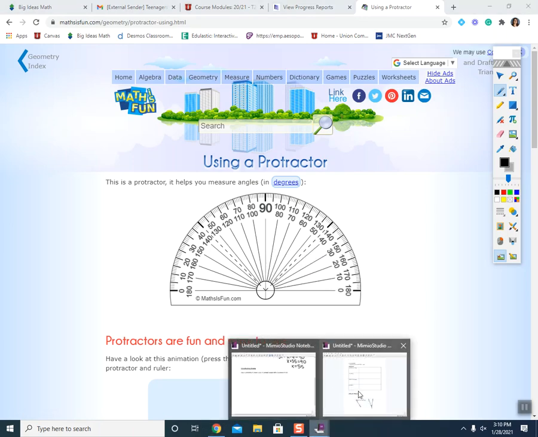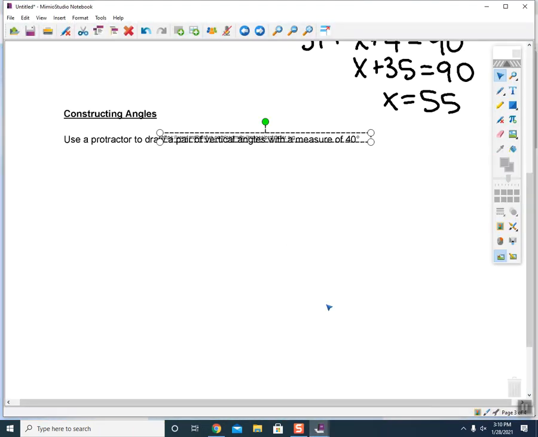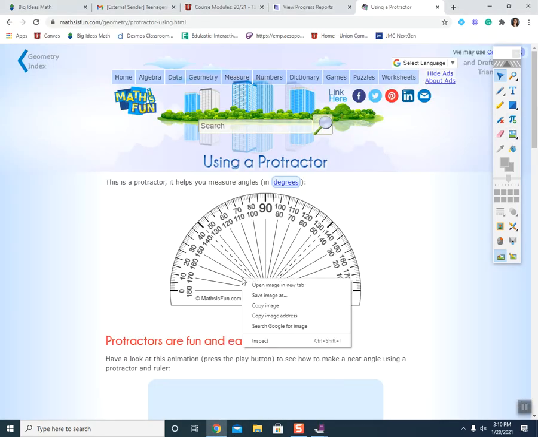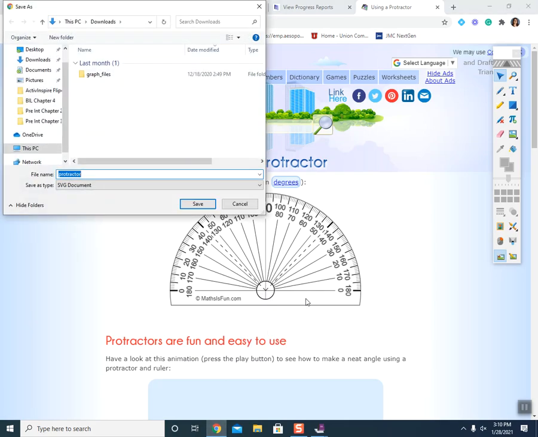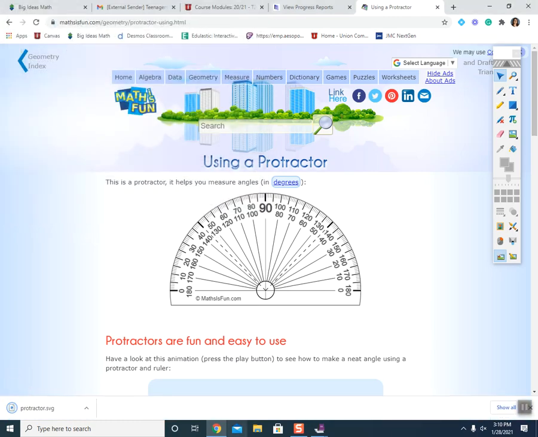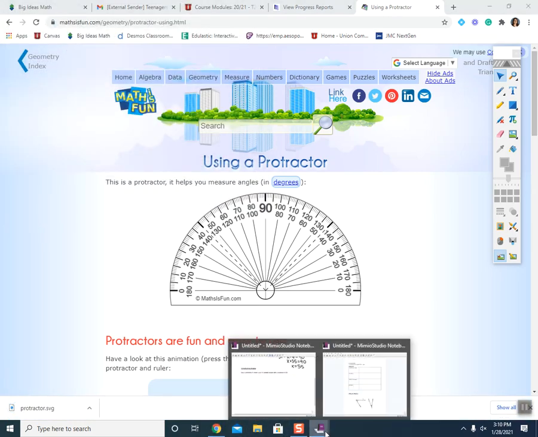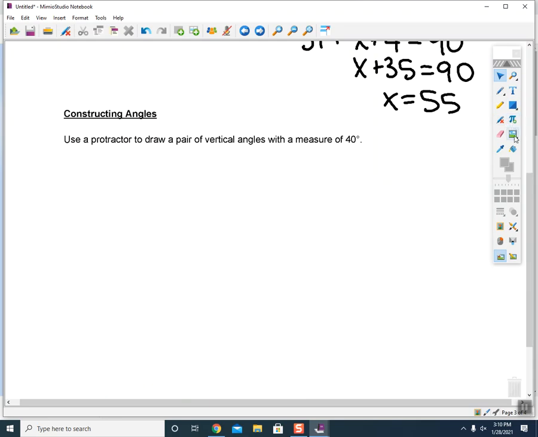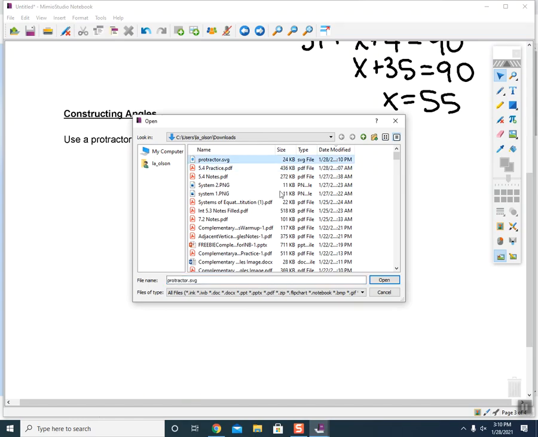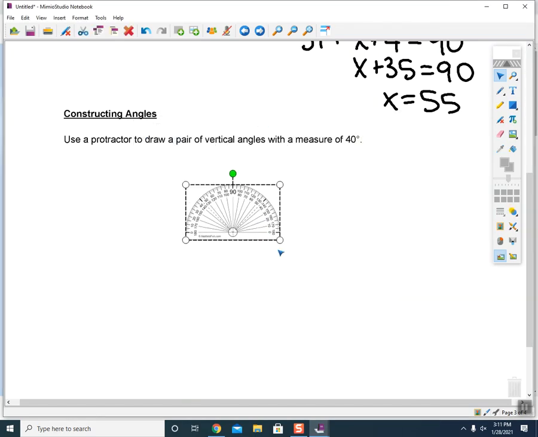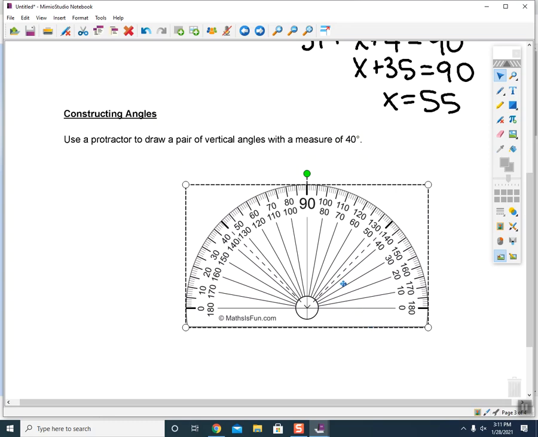Let's try this. Paste. No. Save image. Protractor. Here. Is it going to work? Nice. Okay. All right. Here we go.